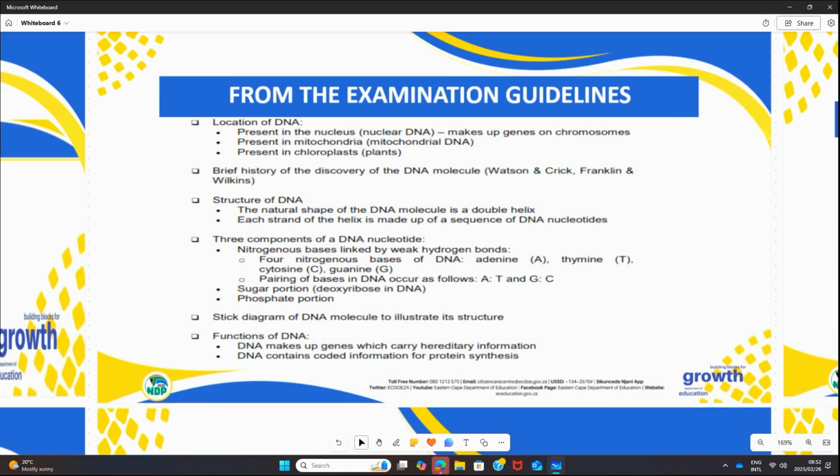This is an outline from the examination guideline. What are you required to know for the location of the DNA, the structure of the DNA, and also the functions of the DNA? This is outlined in the examination guideline because it is examinable.